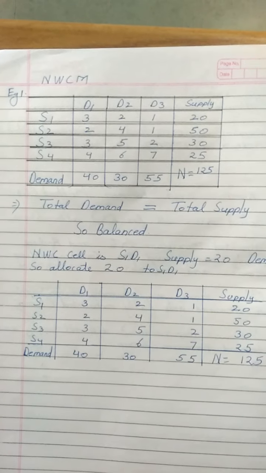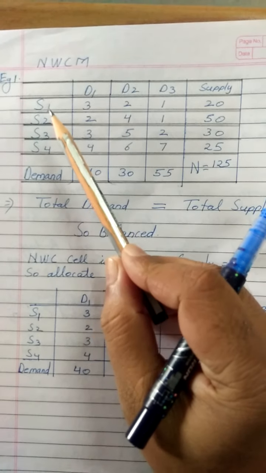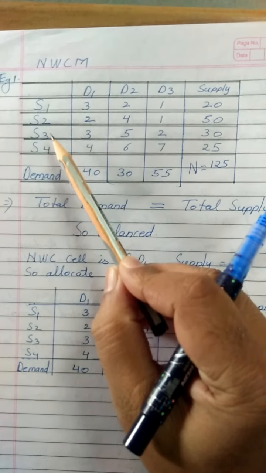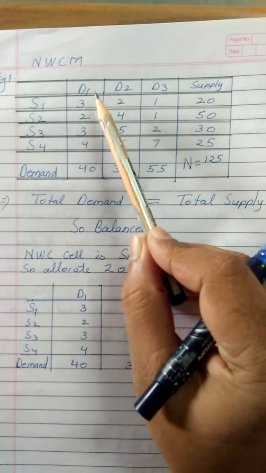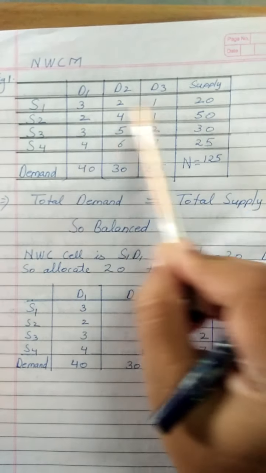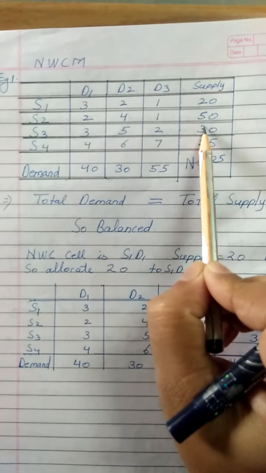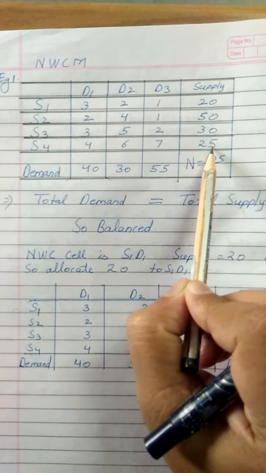Here is the given example. If you see, there are 4 sources, S1, S2, S3, S4, and 3 destinations, D1, D2, D3. For each source the supply is 20, second one 50, third 30, fourth 25.